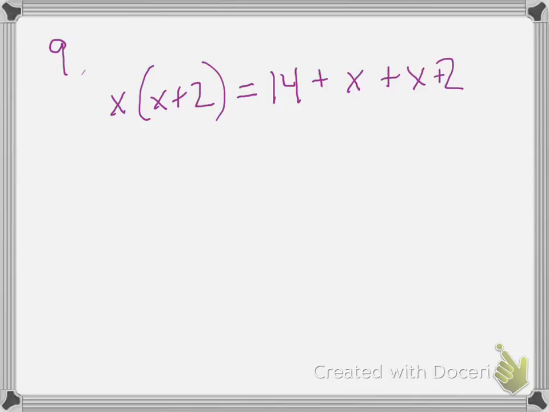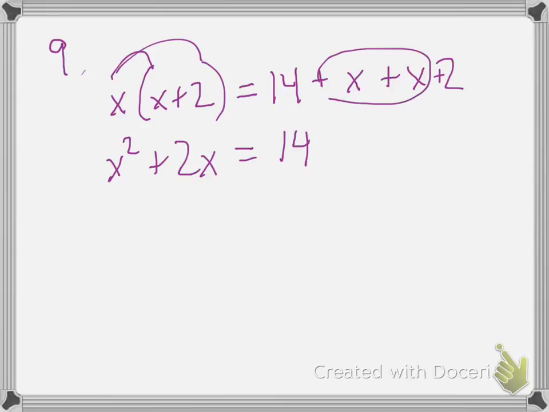So now it's just a matter of solving using your distributive property. x squared plus 2x equals 14 plus... I've got 2 x's here I can combine, call that 2x plus 2. And now, because I'm dealing with squared, I can set it all equal to 0, and then you can either factor or you can use the quadratic equation, either one.